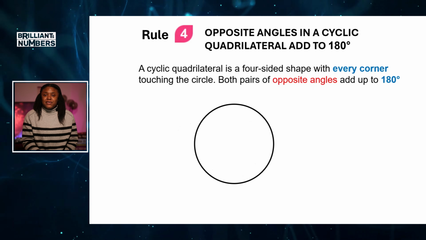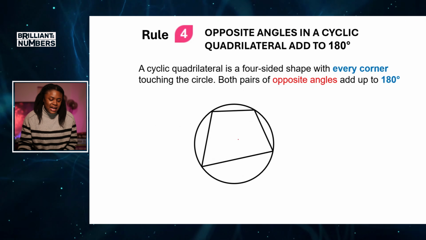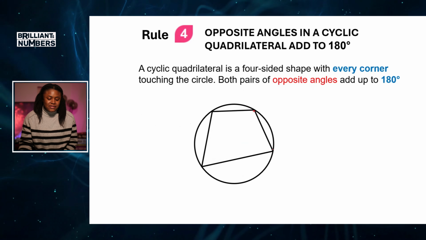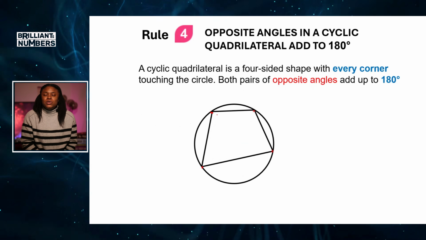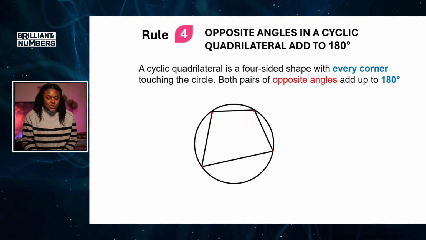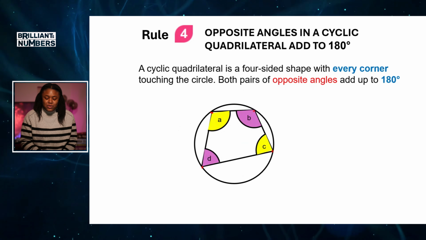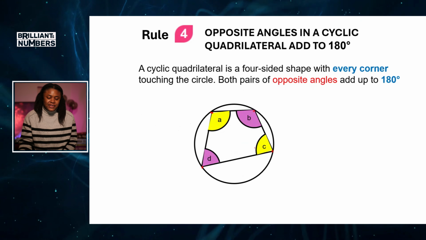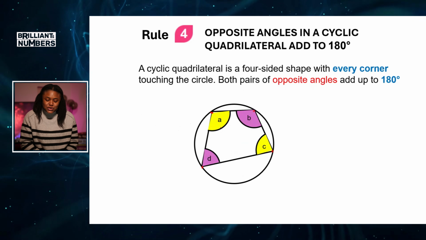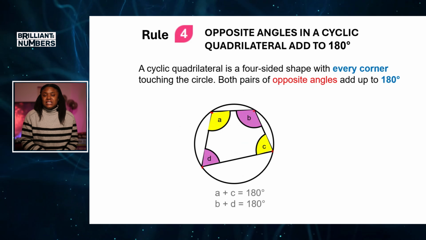So here I've got a circle and I've got a cyclic quadrilateral. You notice here that all the corners of the quadrilateral are touching the circle. Therefore, angles C and A will add to 180 degrees because they are opposite each other, and also B and D add to 180 degrees.